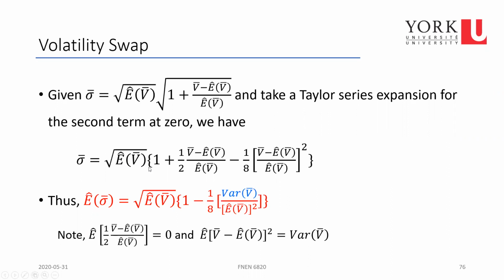Then we essentially have this. So this is the first term. If we take this Taylor expansion only on the second term around 0, this part will be 1 plus this thing here.